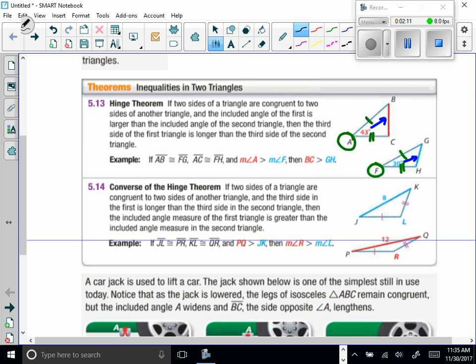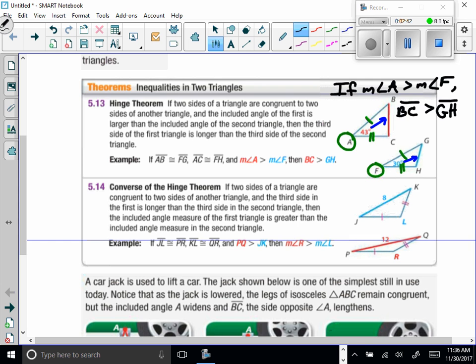So if the measure of angle A is greater than the measure of angle F in the other triangle, then segment BC is going to be greater than segment GH in the second triangle.